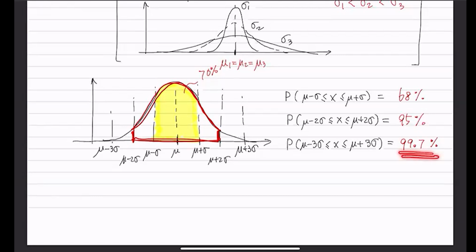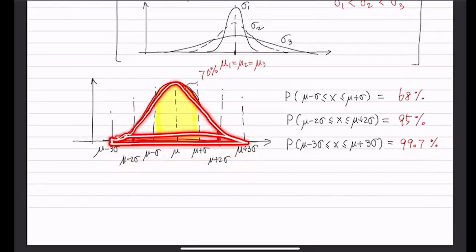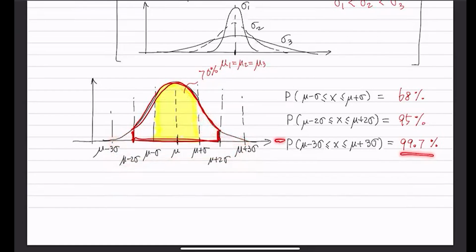And 99.7% of your measurement is going to be between plus and minus 3 standard deviations. So in other words, this area is 99.7 out of this whole 100. Okay? In other words, it's really hard to find a value that is outside of this plus and minus 3 standard deviations.